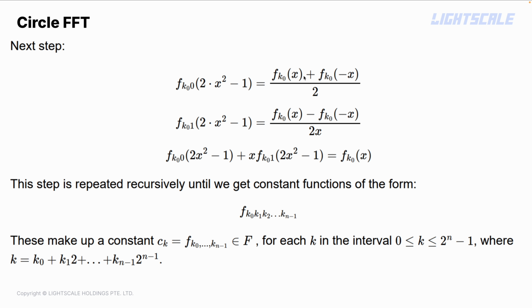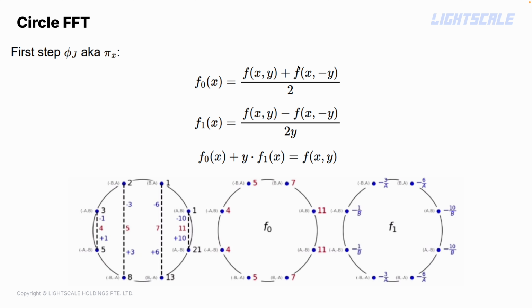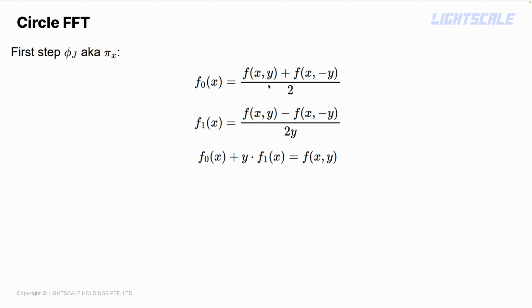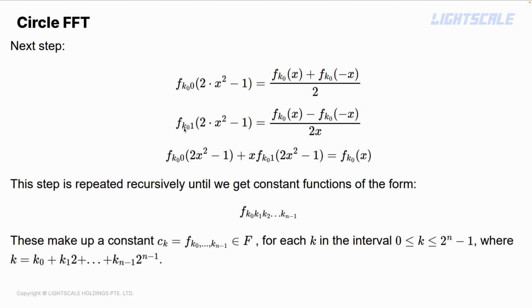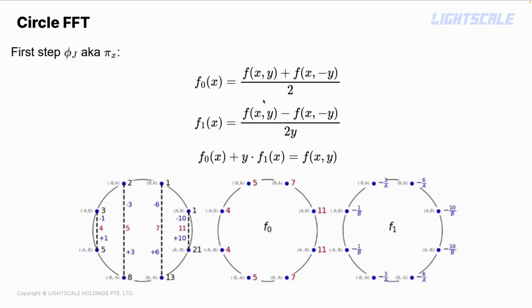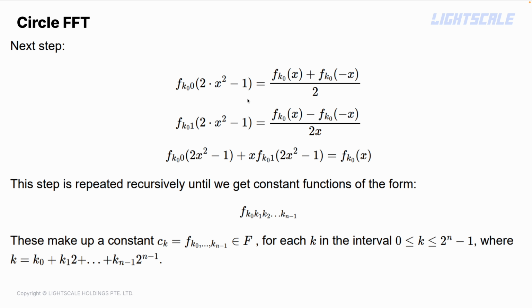Then this is going to be f0(x), f0(minus x), which is this one. And if k0 is 1, then this is going to be f1(x), f1(minus x), which is this one. So here we have two polynomials. In the next step, we will have four polynomials.